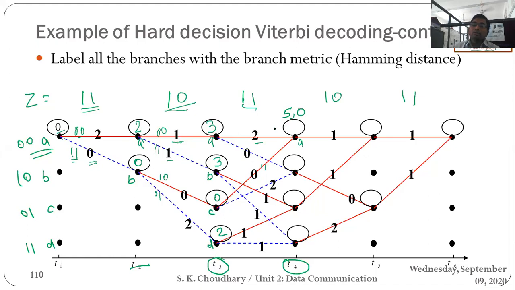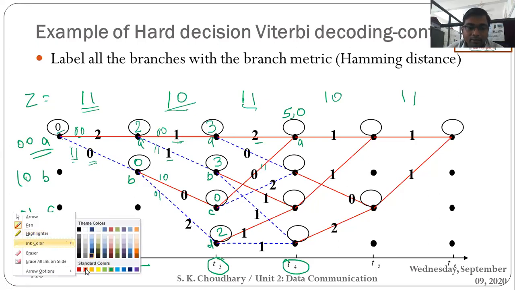So now you see at time t4 you have the two metrics 5 comma 0. Which is the surviving one? The one with the lowest metric value. 5 is greater, so we discard this 5. We do not take this 5 as a survivor.